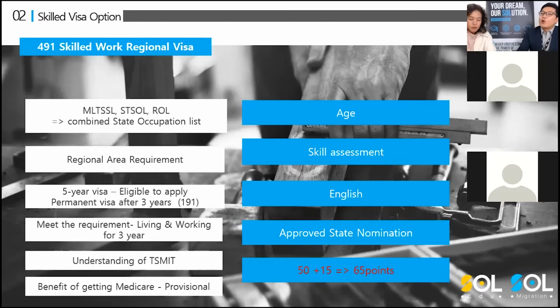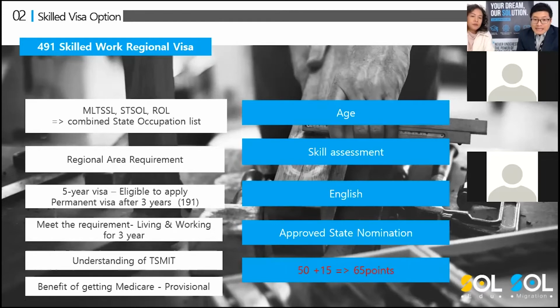When you apply for the 191 permanent visa, I believe the department will not check your English, your experience, or your age. As long as you are holding the 491 and meet the certain requirements, which I will explain soon, you can apply for the 191 visa to get PR.